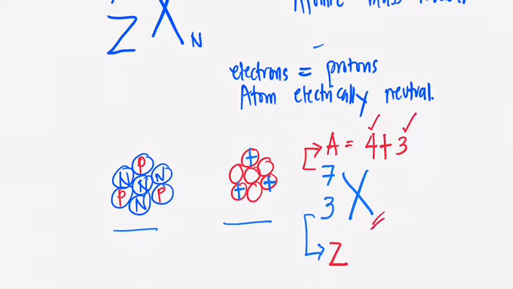And this is now your element. So you look into your periodic table. So which element has an atomic number of 3? You look for that, and you will find it in the periodic table. Okay?